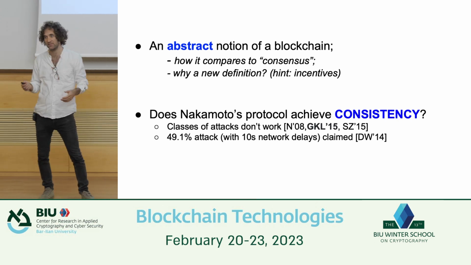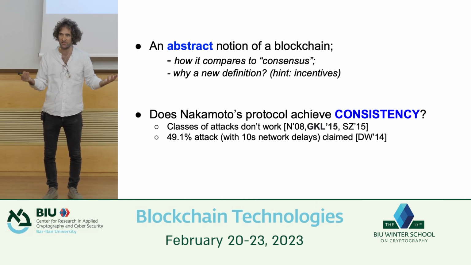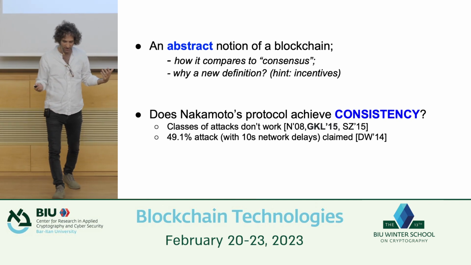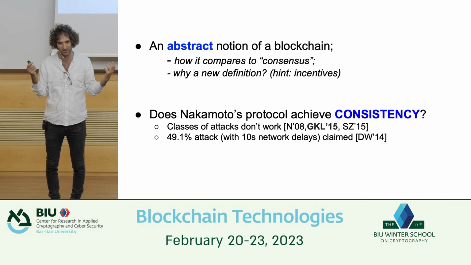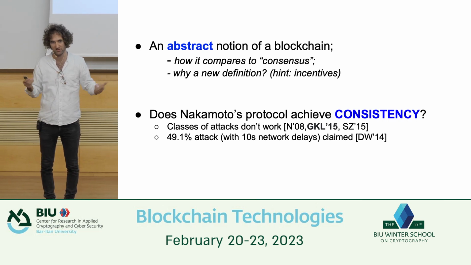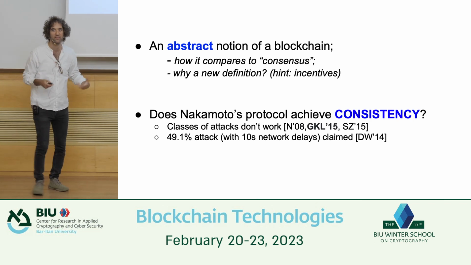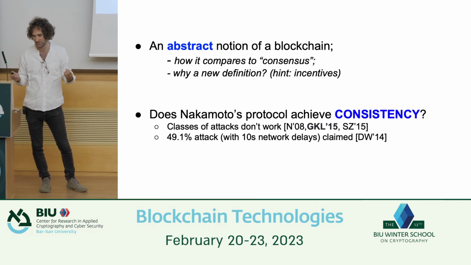Now we're going to ask, why do you need a new definition? We have consensus. Why not we just go for that definition? Well, it turns out, as I mentioned, that in this permissionless setting, it's actually important to think about economic notions of incentives. And so in order to take that into account, it's very important to have a different notion of what a blockchain is that considers that to some extent.